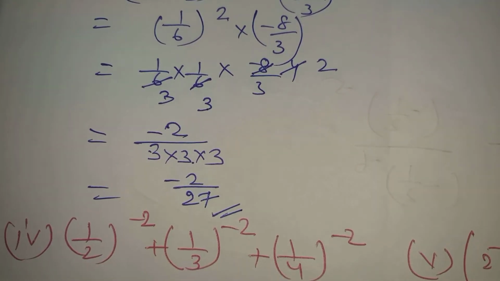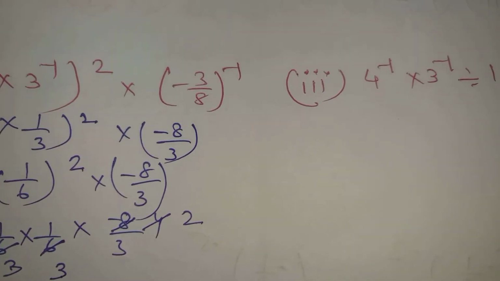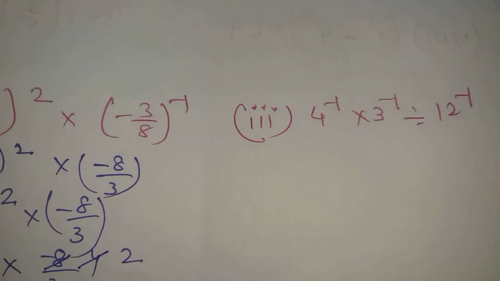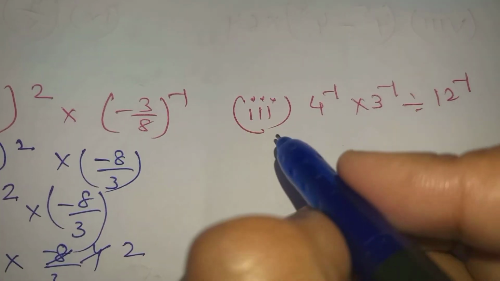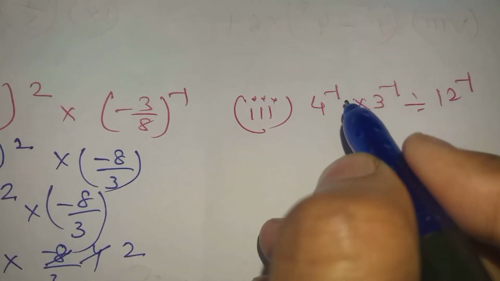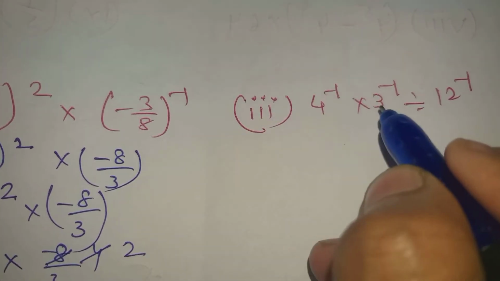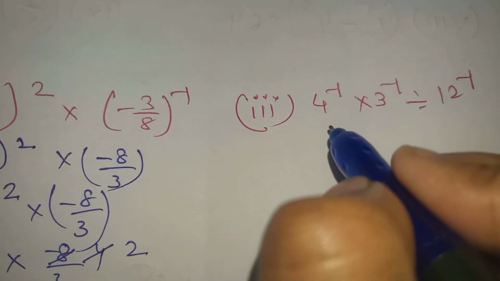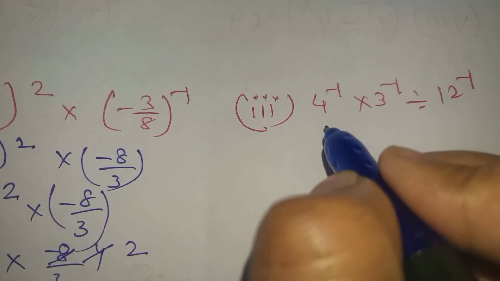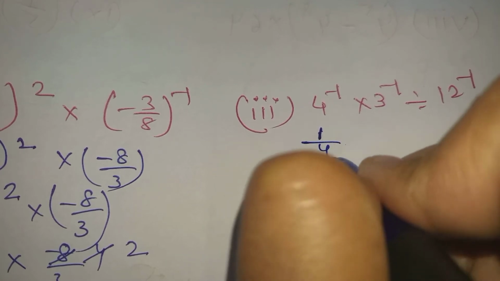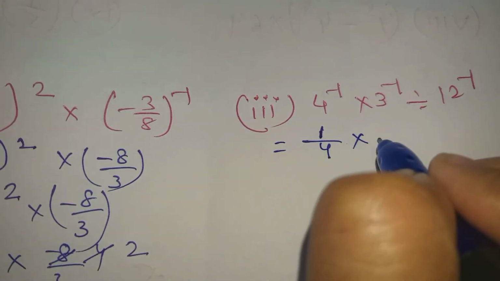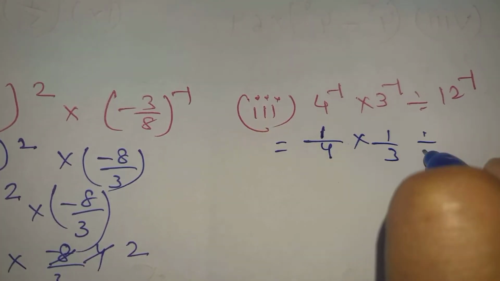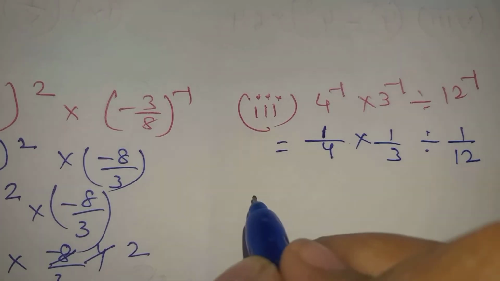Okay, now we have to do question number 3. Look at question number 3. All of you can see here: 4 to the power minus 1 into 3 to the power minus 1 divided by 12 to the power minus 1. Then we may write 1 by 4 into 1 by 3 divided by 1 by 12.